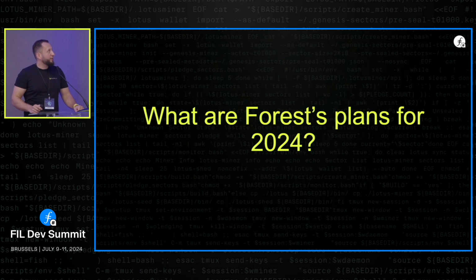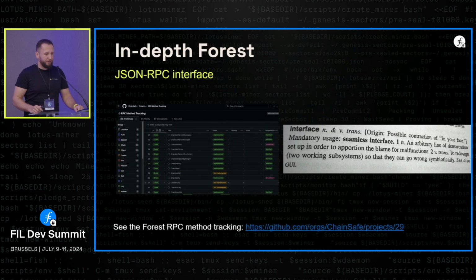What are our plans for 2024? Well, it's the JSON RPC interface, obviously. We have a nice GitHub project for tracking what is actually implemented and tested. Sometimes we implement things but not test them, apparently.